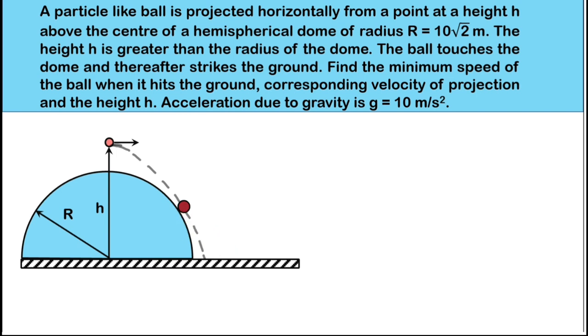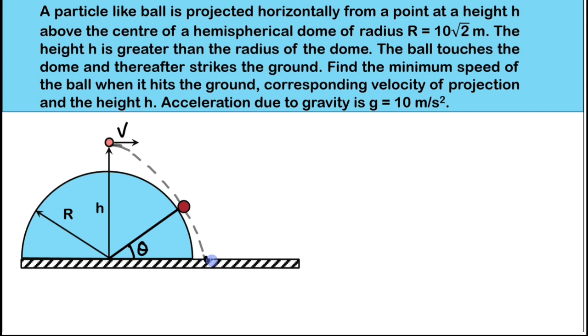Let's say at this particular position, the angle made by this line joining with the horizontal is equal to theta, right? So this angle here is theta, right? So let's say the initial velocity here that was given to the ball in the horizontal direction is v. Once this ball reaches the horizontal, it will have two components of the velocity.